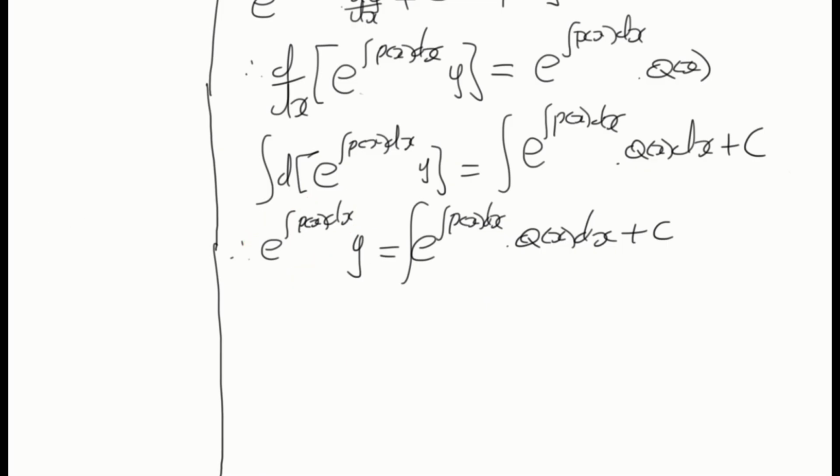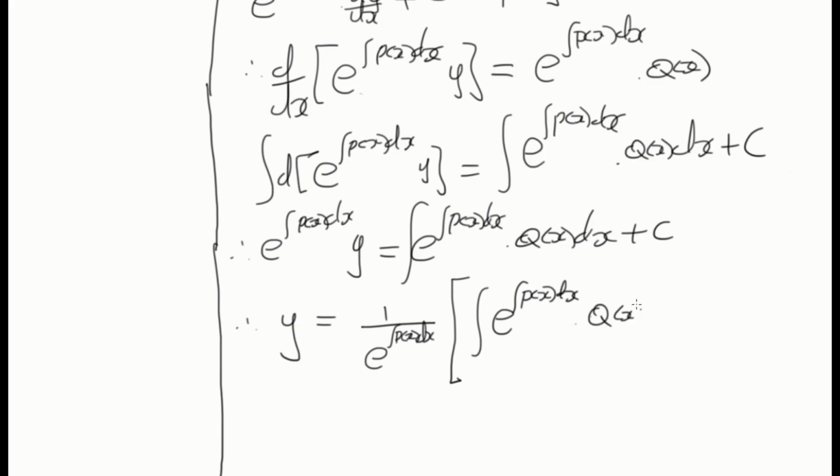So in conclusion, y is equal to 1 over the integrating factor. Again, I'm using the actual function, the exponent. The formula that you have there is the same thing. So having e raised to p of x dx, q of x dx plus c.